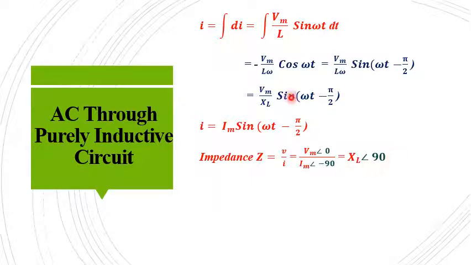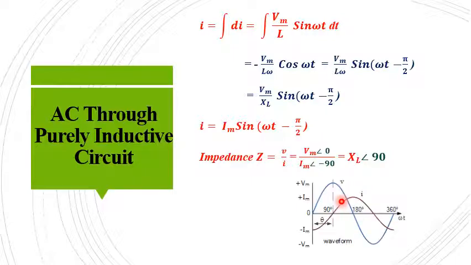So we found out what the voltage is, what the current will be, and what the impedance is. Next, we can see the representation of these parameters. We have drawn the voltage V equal to Vm sin omega t, represented by this blue line. And here we can see that the current I equal to Im sin omega t minus 90 degrees.